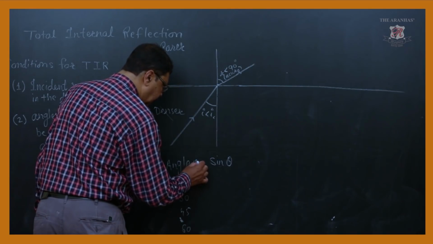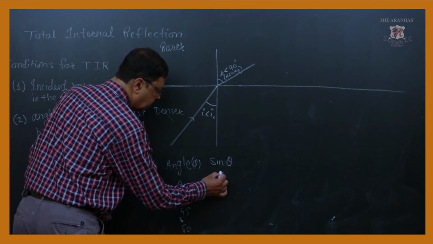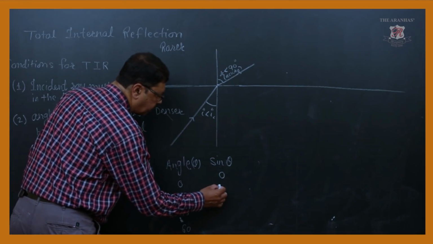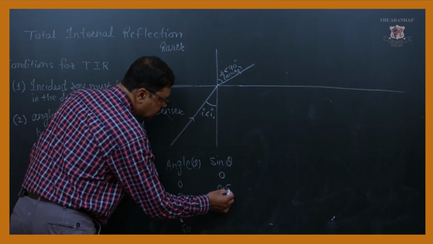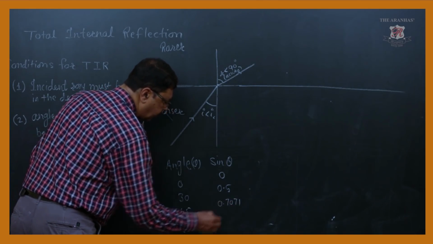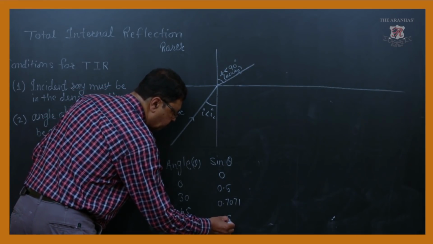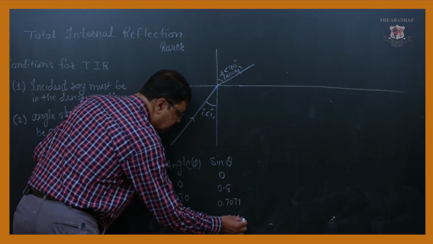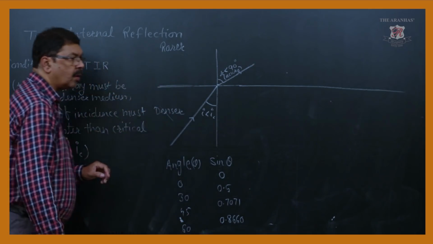I'll write angle theta. What is sine theta? Sine 0 is 0. Sine 30 is half, means 0.5. Sine 45 is 1 upon root 2, that is 0.7071. Sine 60 is root 3 by 2, that is 0.8660, and sine 90 is 1.